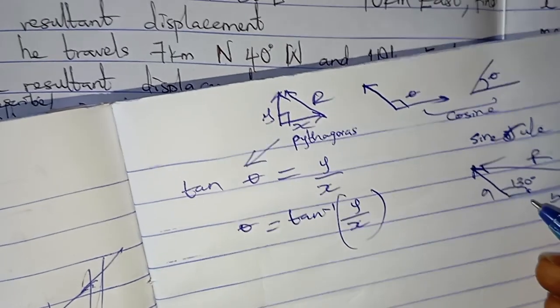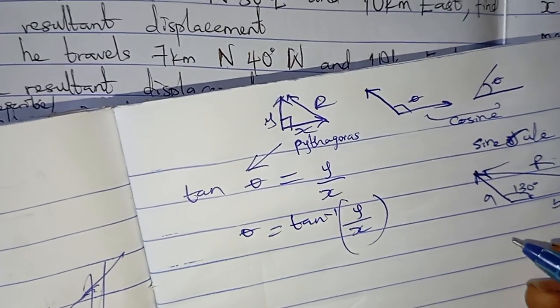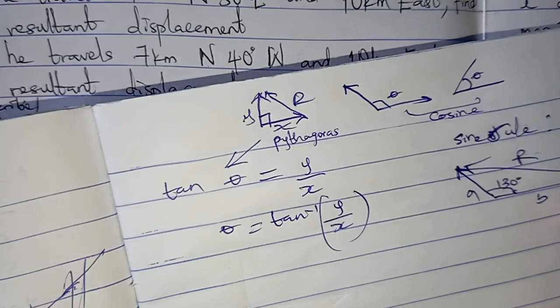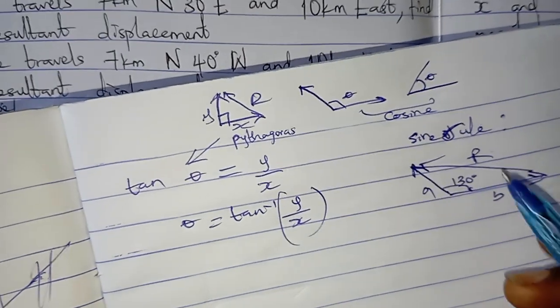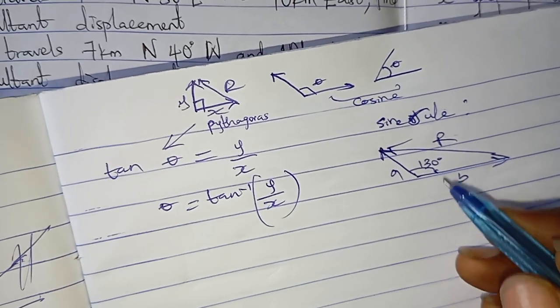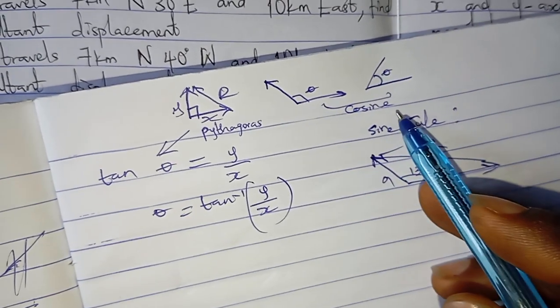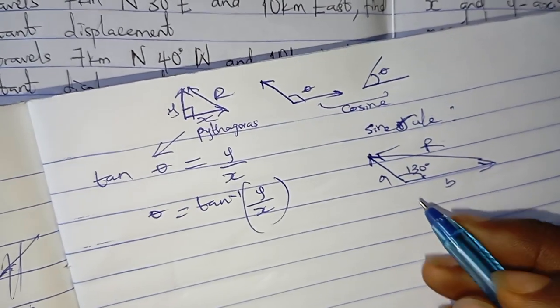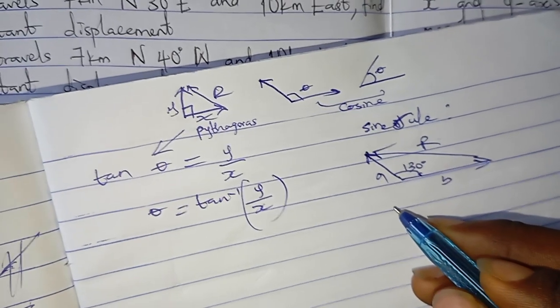This is my resultant. We use the sine rule when we are finding direction or angle, and the angle before us is more than or less than 90, and we used cosine to find the resultant. Then I use sine to find my direction.